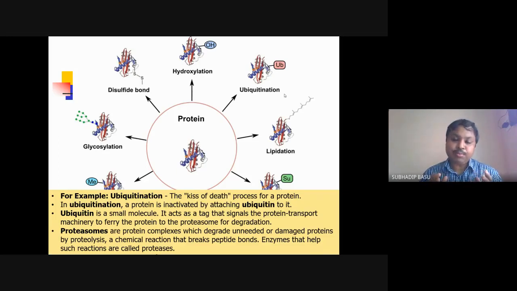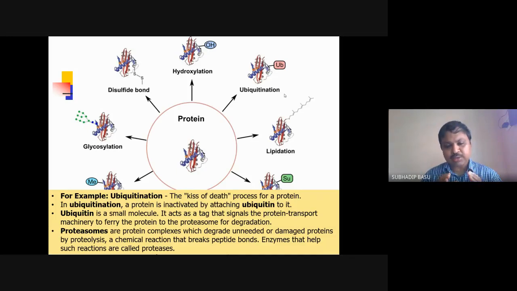So our point of discussion at this moment is post-translational modification. What are the different types of post-translational modifications? We can go and discuss every single type, and that is a huge, big research topic. That is not within the scope of this discussion, but what we are trying to stress here is what post-translational modification is.